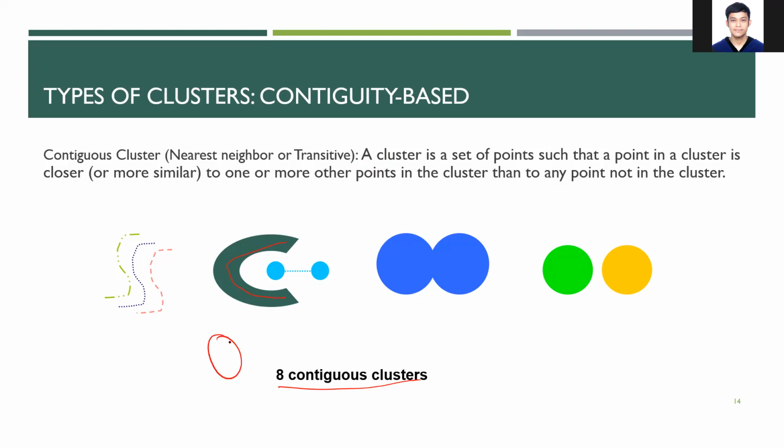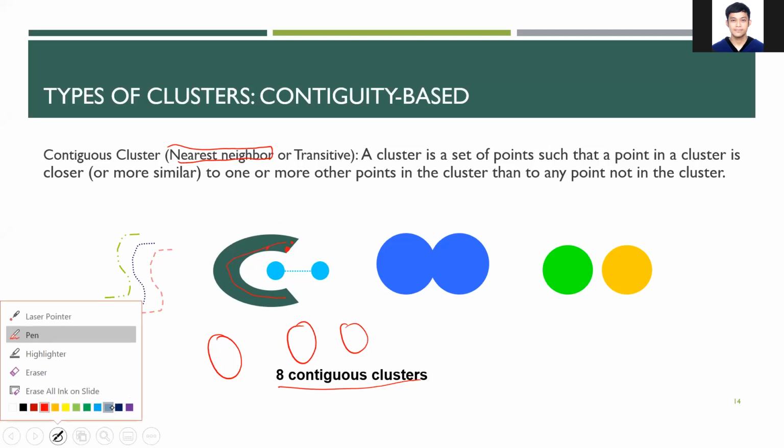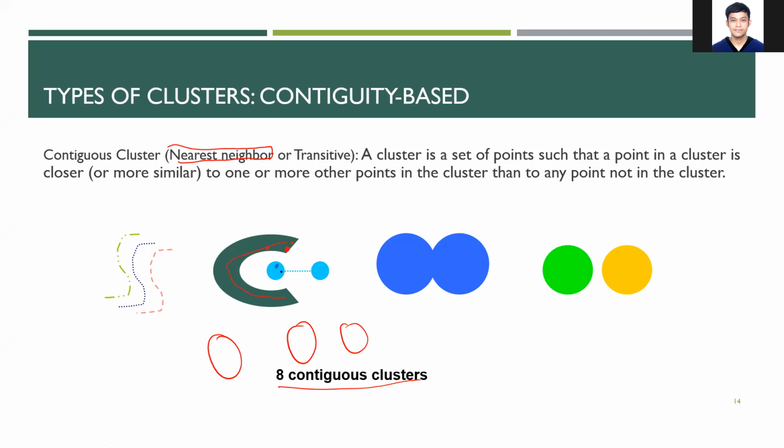Usually a cluster is like a circle. But here, because we consider the nearest neighbor, the red data points are close to each other, so they put them in one cluster. But the blue data point here is far in distance, so they put it into a different cluster.